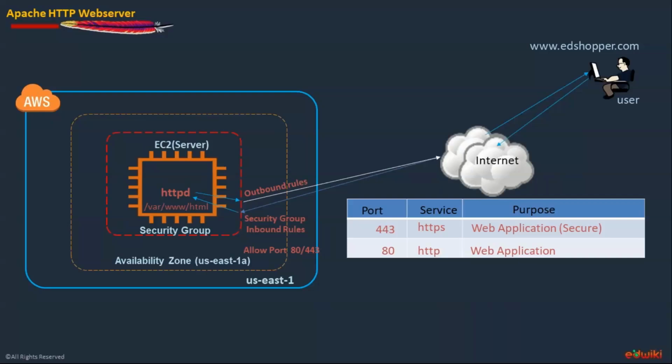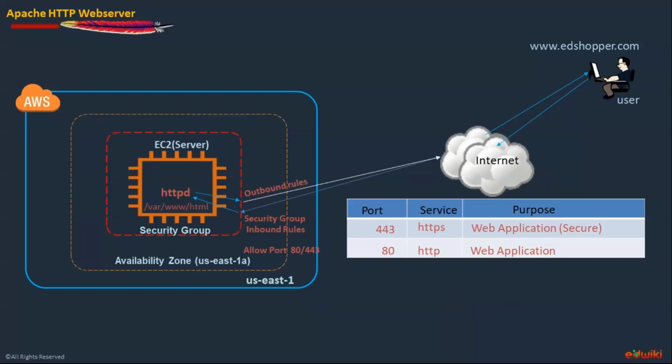Apache is the open source organization name, and HTTP means the hypertext transfer protocol. Web server is just a software name, but basically whichever services are offering web applications, we call those web servers. So this is just the Apache HTTP web server.